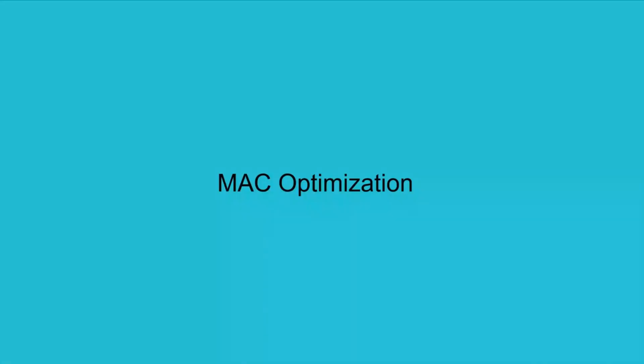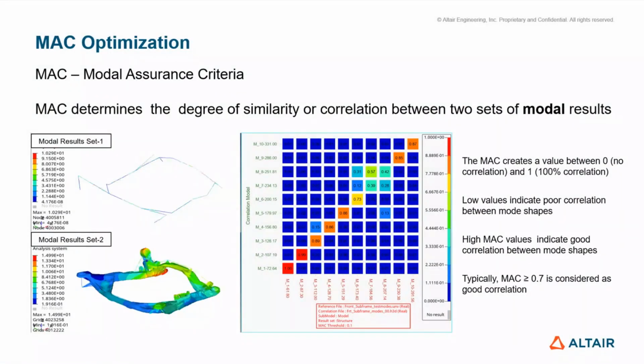So let's start with the topic of optimization and correlation to improve the correlation. We all know that NVHD has very advanced and competitive features to study and analyze correlation for mode shapes in terms of MAC and NVH responses in terms of FRAC.